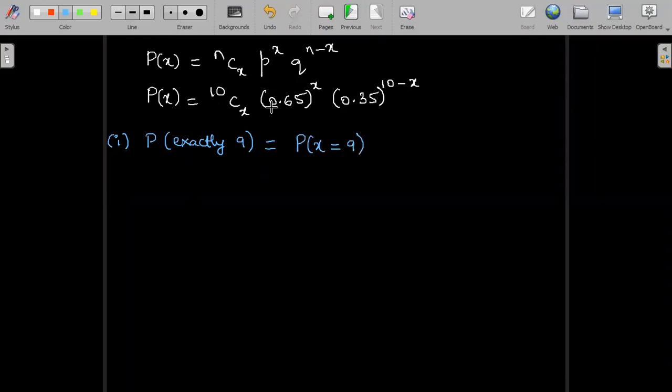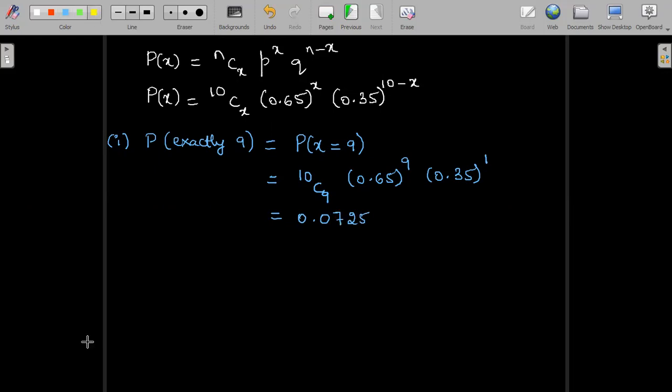We substitute X equal to 9 in the binomial distribution expression, which gives 10C9 times 0.65 power 9 times 0.35 power 10 minus 9. Power 10 minus 9 gives us power 1. We can just use a calculator and the answer here is 0.0725. Every time I have rounded off my answers to 4 decimal places.